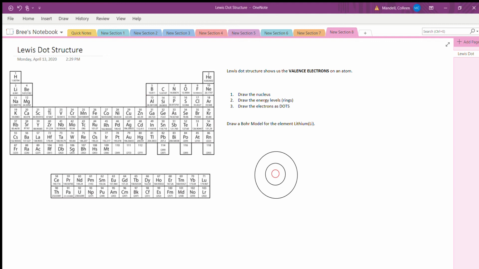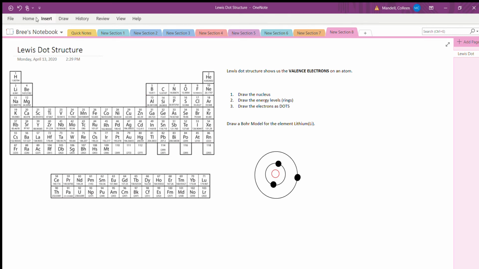I know that lithium has an atomic number of 3, so it's going to get 3 electrons. 2 fit on my first ring, always 2, and 1 goes on my outer ring. Looking at that Bohr model of lithium, how many valence electrons does it have? Hopefully you said 1, because there is only 1 electron on this most outside ring.